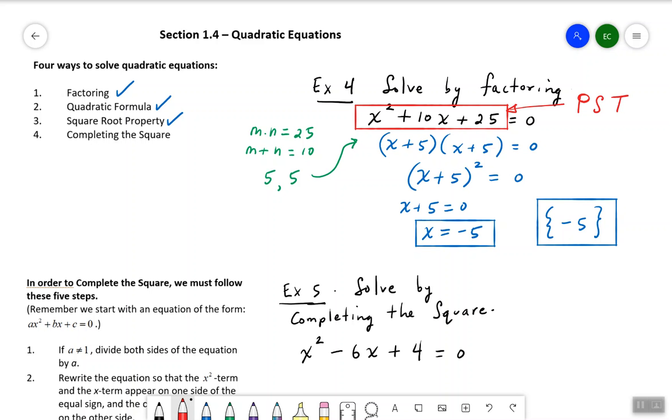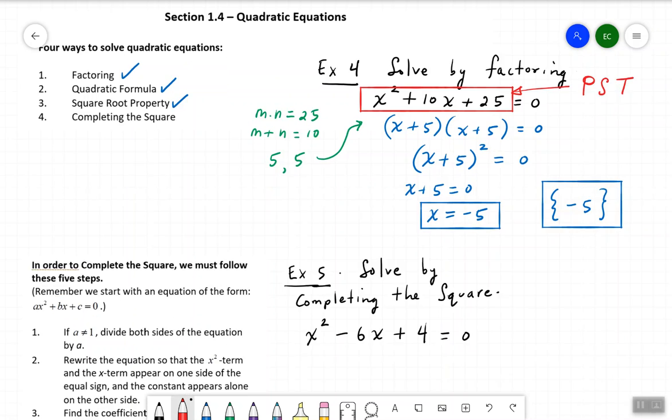Trinomial, because there are three terms, and perfect square means that this is the square of x plus 5. When you square x plus 5, you get x squared plus 10x plus 25. So this is a special kind of trinomial because when you factor it, the two factors are exactly the same. And in fact, when we go on to the next example, we'll be looking for a perfect square trinomial. So let's go ahead and do that.